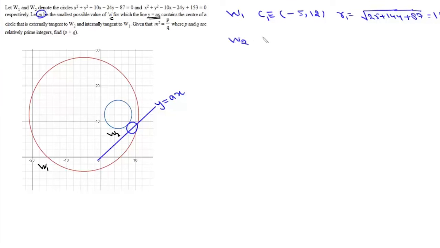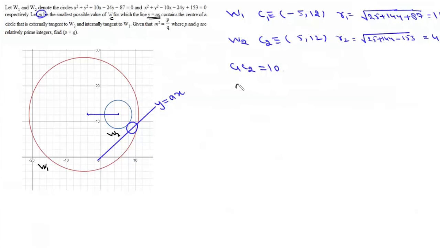And for this second circle, the center is at (5, 12), and its radius will be the square root of 25 plus 144 minus 153. So there will be 169 minus 153, which is 16, so the radius is simply 4. And if we look at C1 C2, C1 C2 is simply 10.